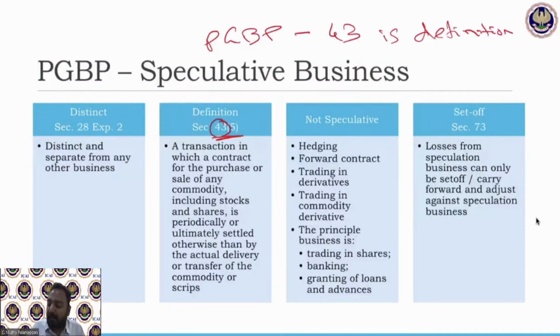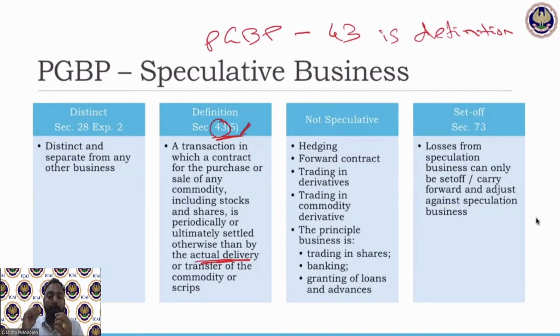So in that, the fifth definition, clause 5, is about speculative business. So what does it say? A transaction which a contract for the purchase or sale of any commodity, including stocks and shares, is periodically or ultimately settled otherwise than by actual delivery or transfer of the commodity or scrips. So which means a business is called speculation when there is no actual delivery.